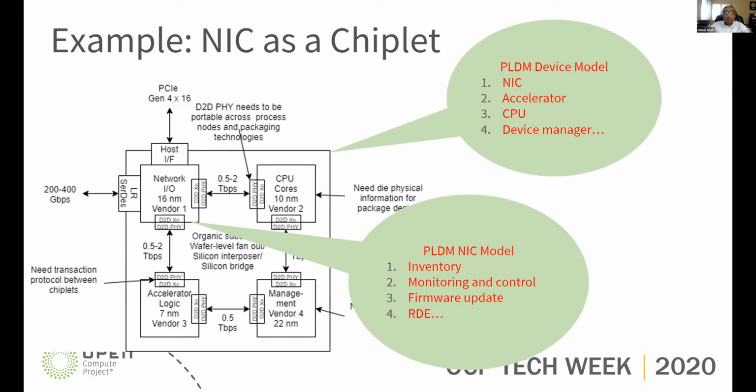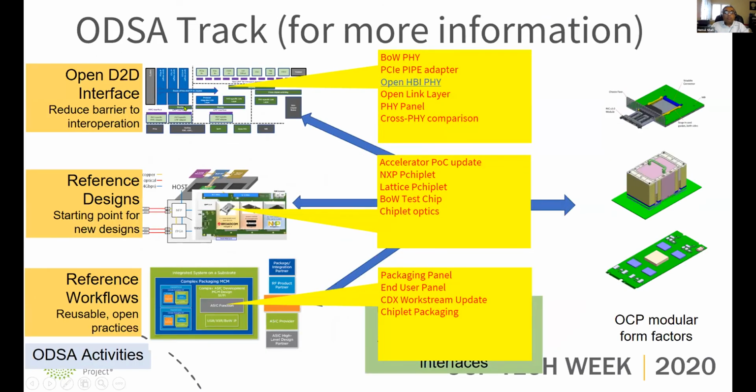So that covers your NIC-specific inventory, monitoring, control, firmware update, and Redfish data model. So this is an example of how the previous architecture can be realized using PLDM within the platform and the Redfish management model from the management client. So with that, let me hand it over to Bapi to wrap up this session.